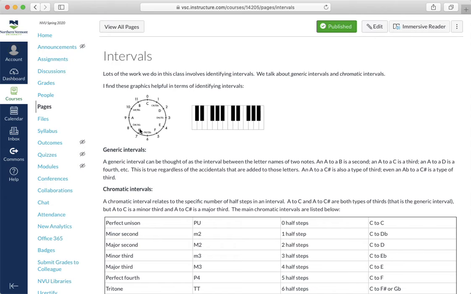So on this page, I provided some of the tools that we've used in class, this pitch wheel that allows you to count intervals between different pitches, and the piano keyboard, which, as a piano player myself, I've always found to be a useful tool for figuring out how far pitches are from each other.